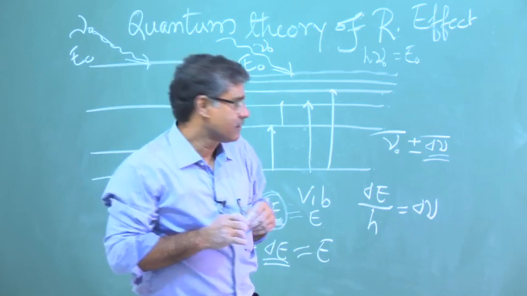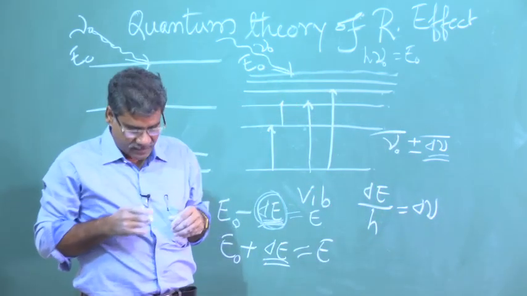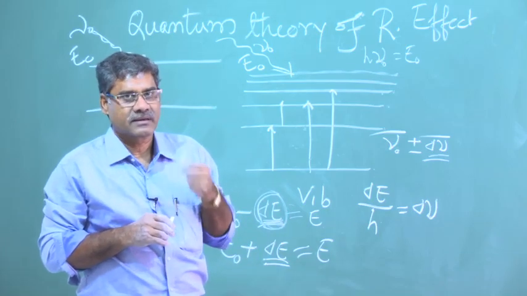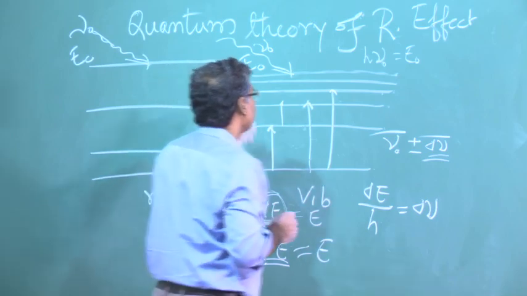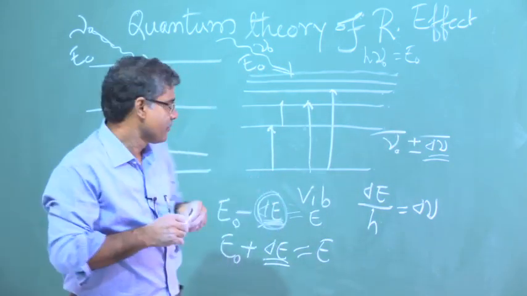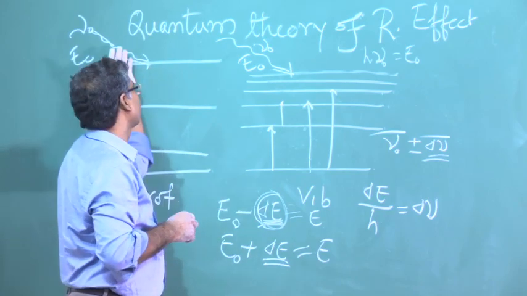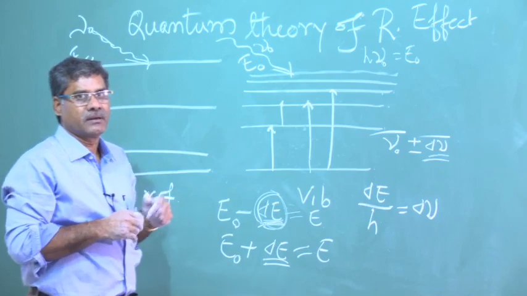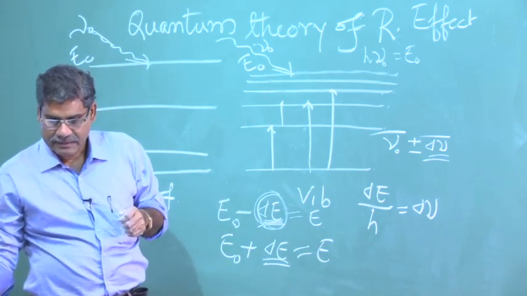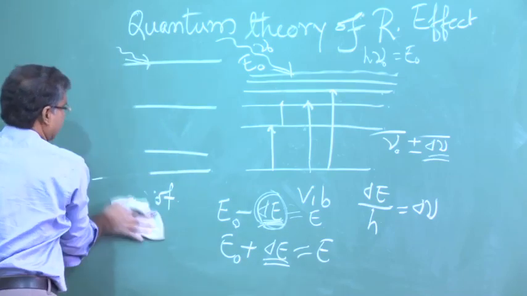And that is why this inelastic scattered light is very small compared to the Rayleigh scattering. So, this is the explanation from the quantum theory.